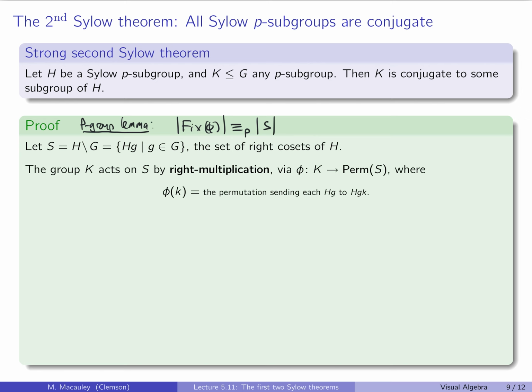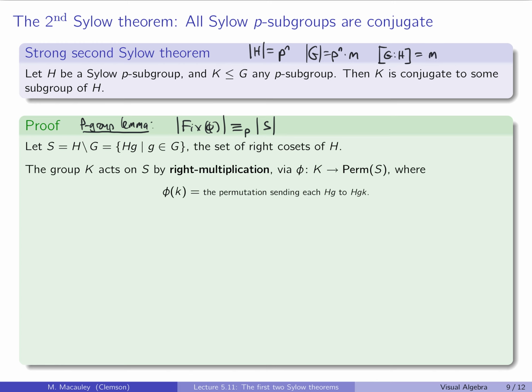So our set here has order m because H is a Sylow p subgroup. So the order of H is p to the n. The order of G is p to the n times m. So the number of cosets of H in G is the size of G divided by the size of H, which is m.